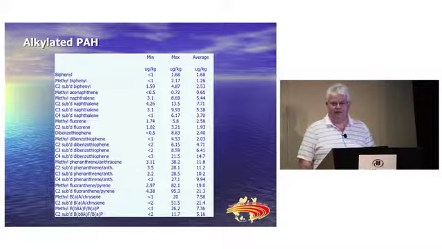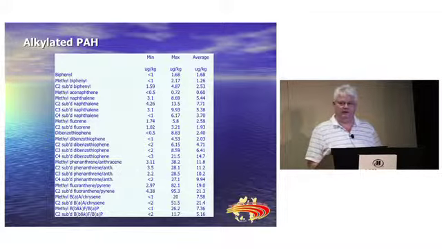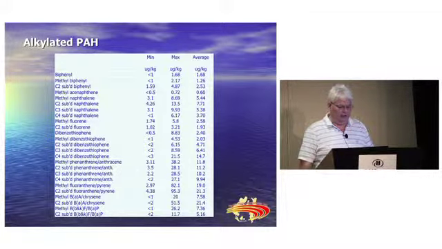And a lot of these are being taken up by tissue, whether it's avian or fish. We haven't done any mammals yet, and a lot of work on plant-like material.